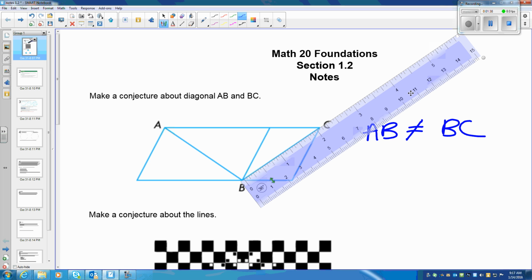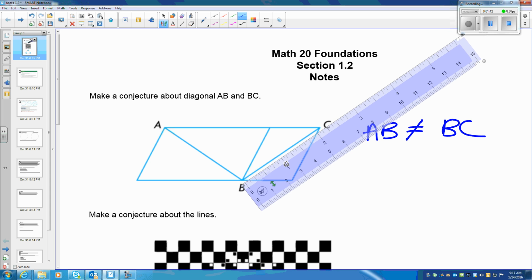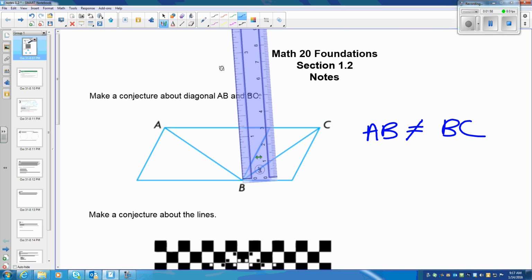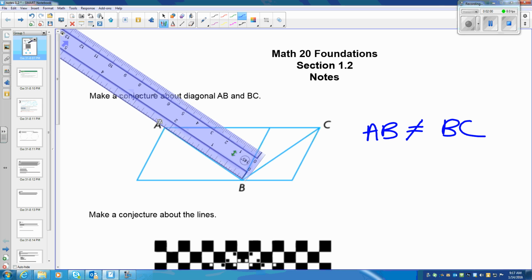Am I right on the line? I'm not right on the line either. But 2 1/8 of an inch, right? If we're measuring inches, if I scroll this thing over, I get what? 2 1/8 of an inch.